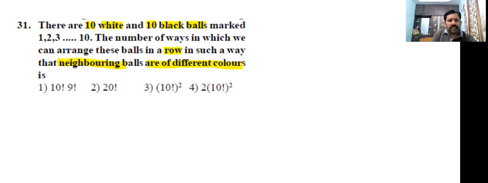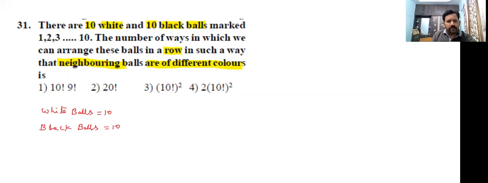Okay. Now first I am writing the number of white color balls. White balls equal to 10. Black balls, those are 10. Now, the row can be filled.